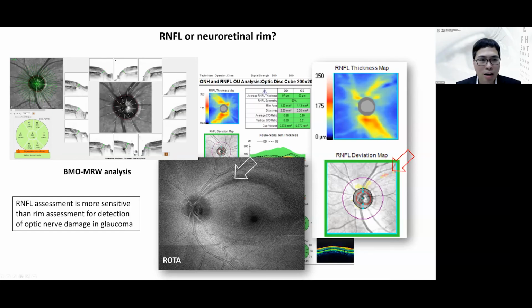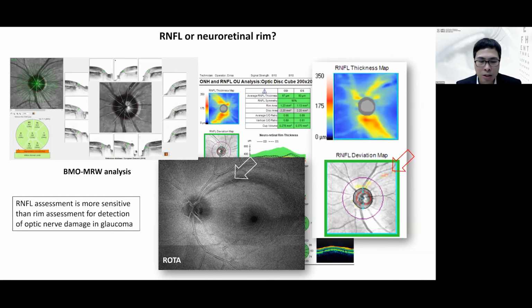Here, the upper left panel shows the BMO minimum rim width analysis. They are all normal, so nothing is flagged as abnormal. But with OCT retinal nerve fiber layer analysis, we're able to see a definite, clear retinal nerve fiber defect in this case. So for nerve damage assessment, the retinal nerve fiber layer is more sensitive than the neuroretinal rim.